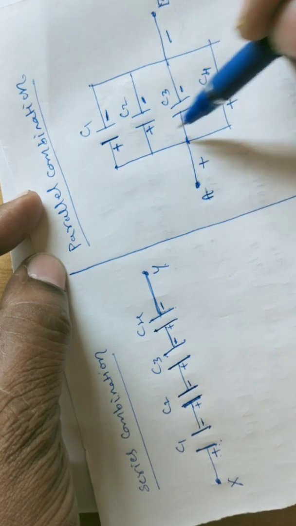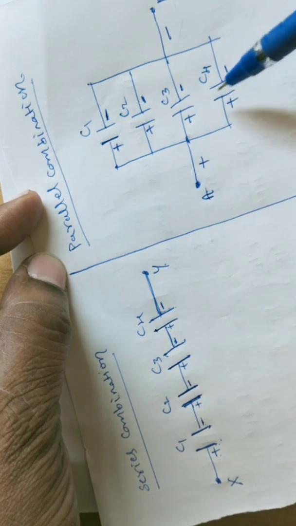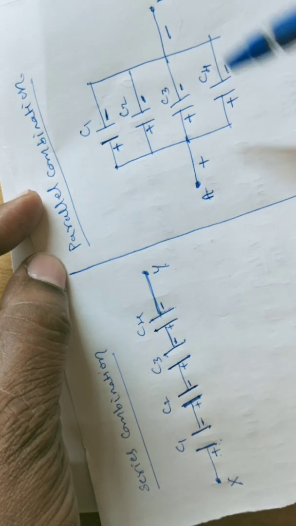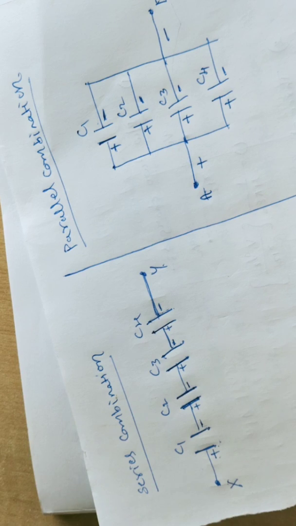So all the positive terminals are connected together and all the negative terminals are connected together. This type of combination we call a parallel combination.